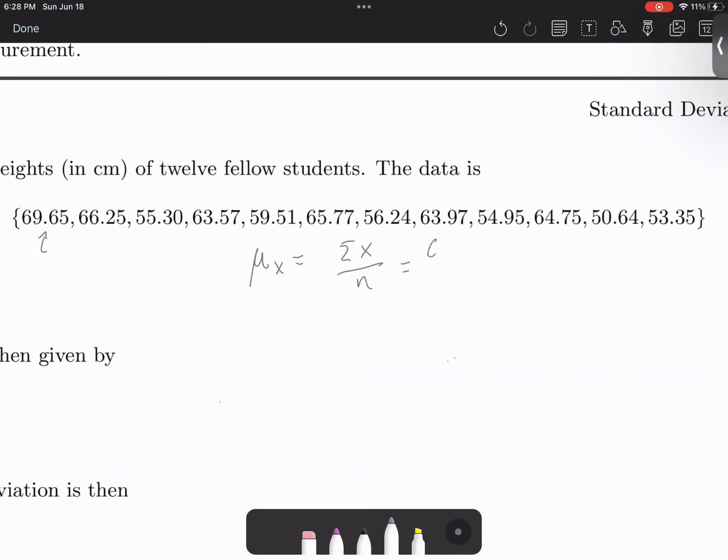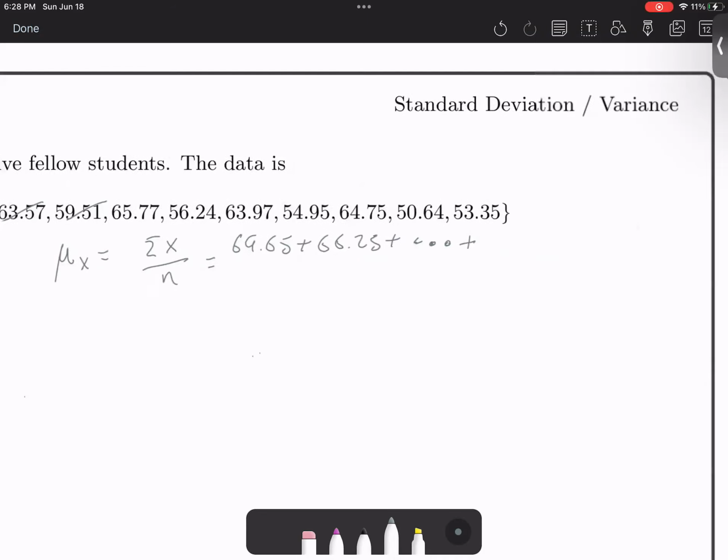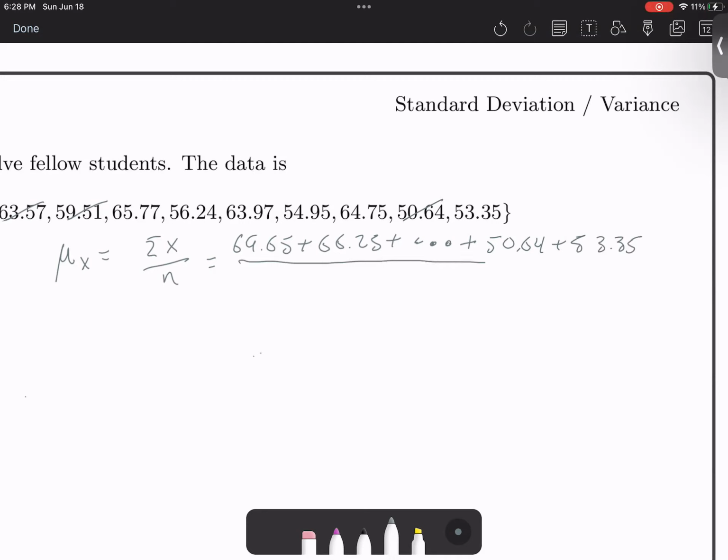So if you add 69.65 to 66.25, and you add all of these until you get to the end, 50.64 and 53.35, and divide by n, so we have 12 heights of students, so we'll divide by 12.